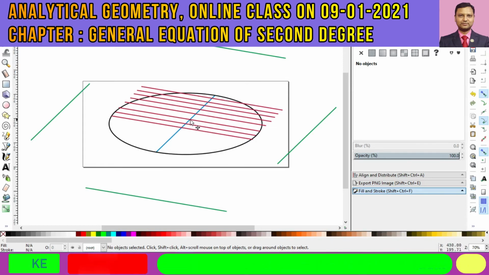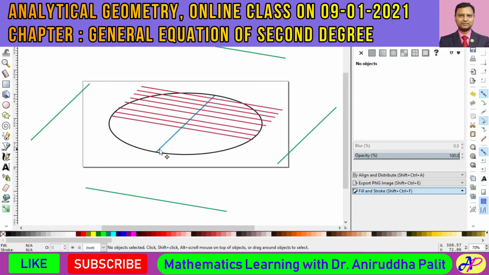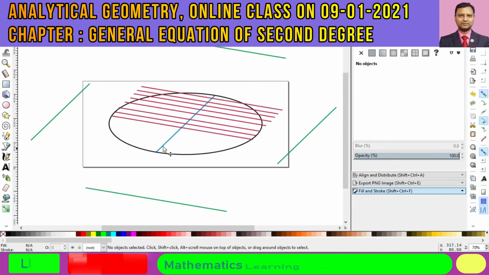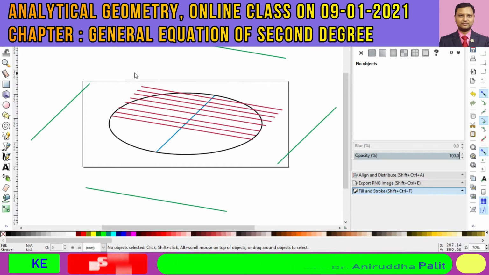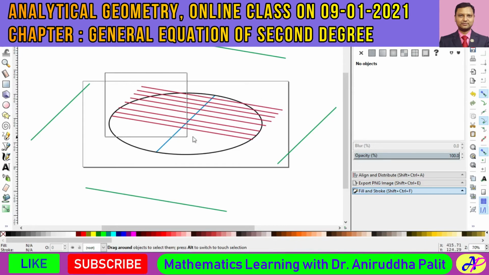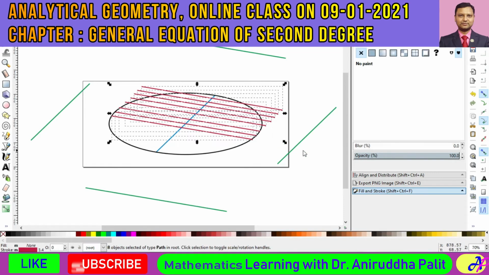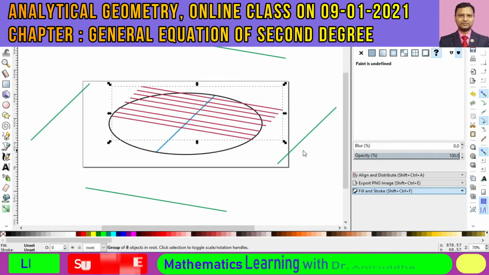This locus of the middlemost points is actually called the diameter of the ellipse with respect to this system of chords. Why with respect to this system of chords?